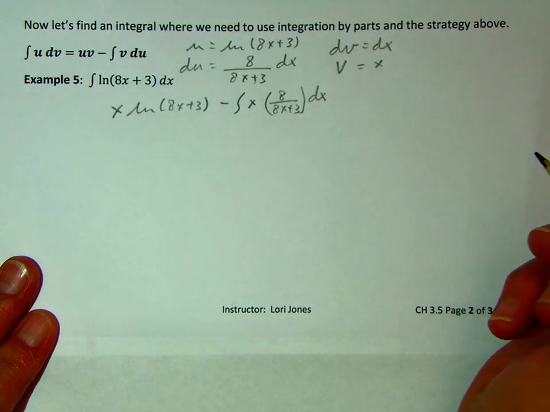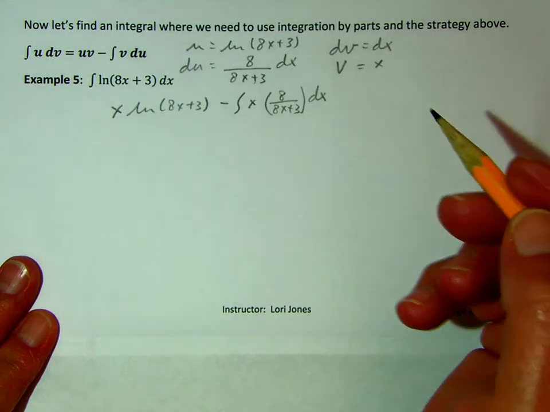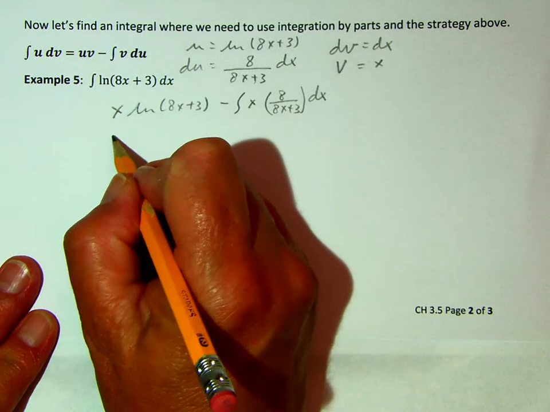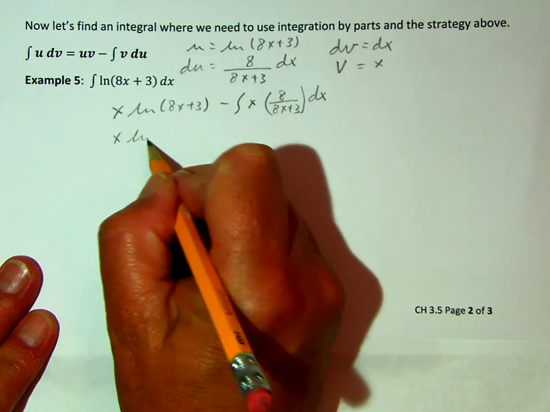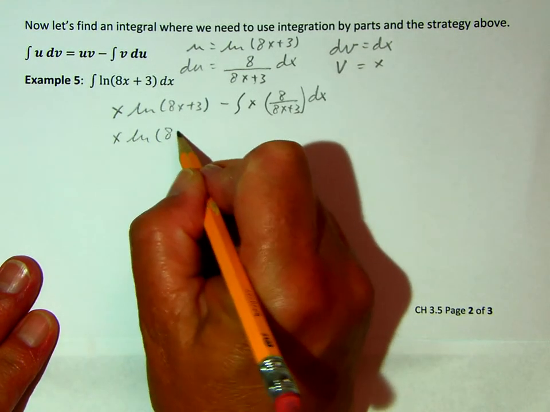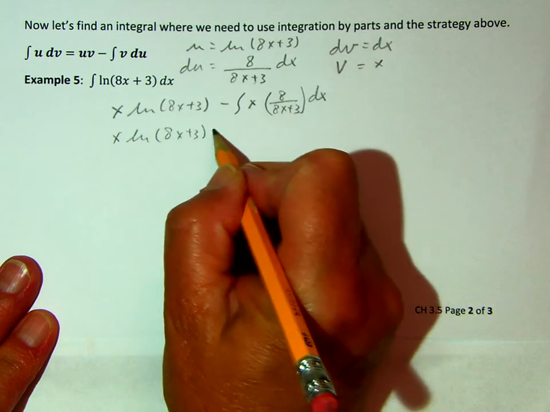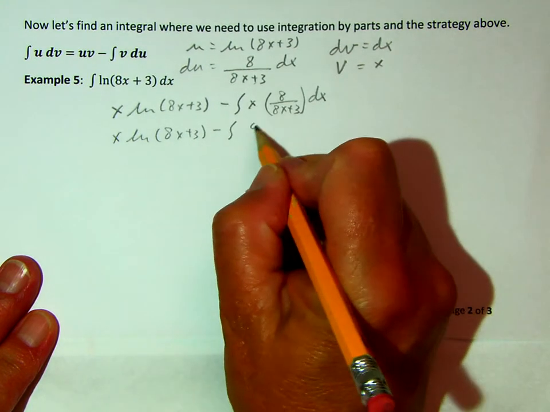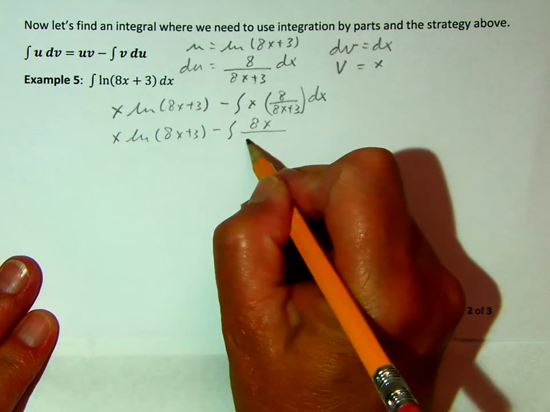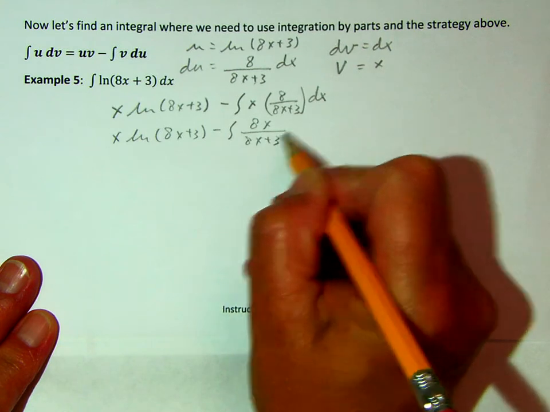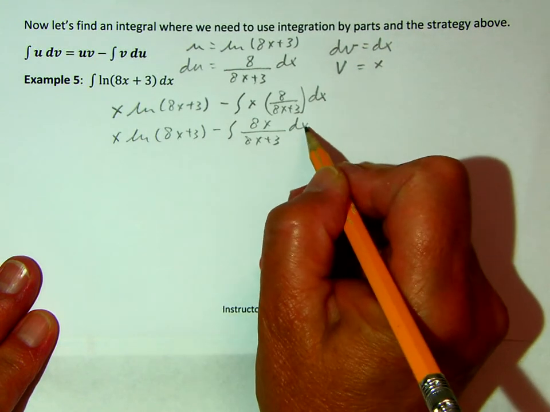Now I'm going to go ahead and rewrite that. That would be x natural log of 8x plus 3 minus the integral of 8x over 8x plus 3 dx.